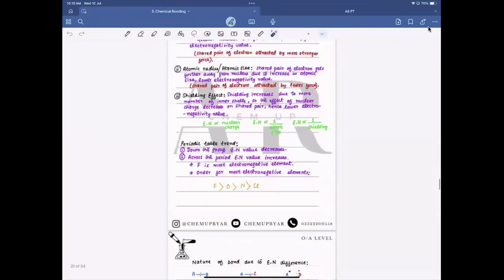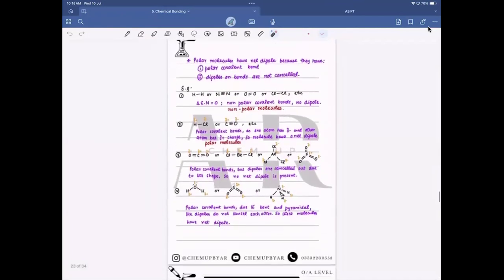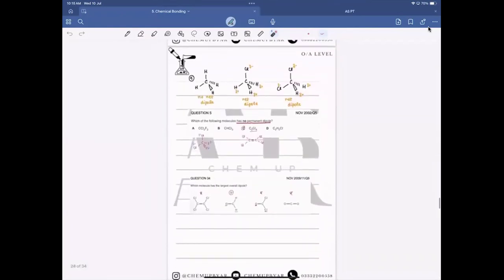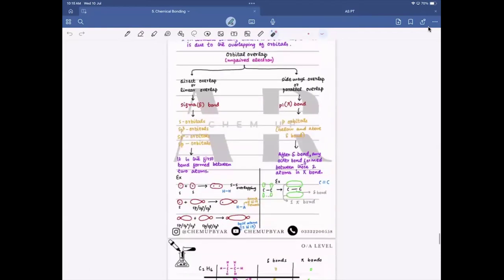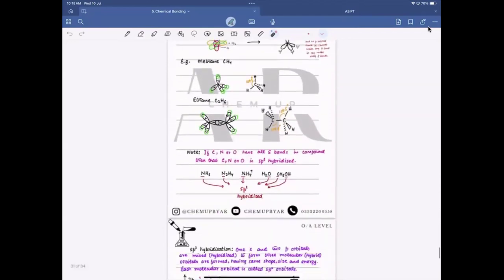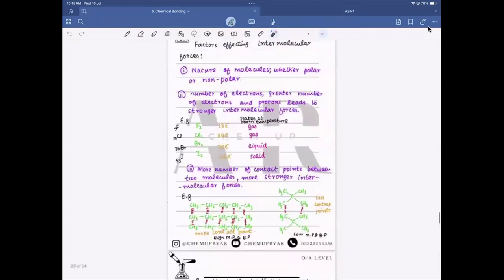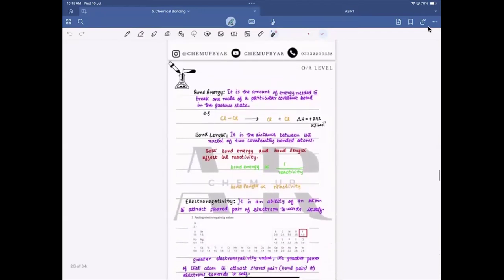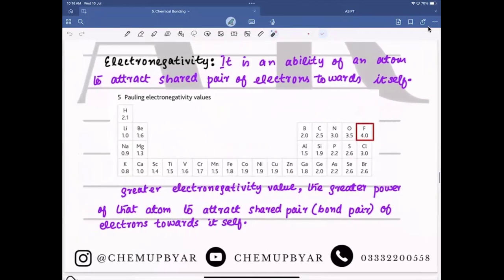There is one more thing. Now, the next thing that we need to discuss is electronegativity.